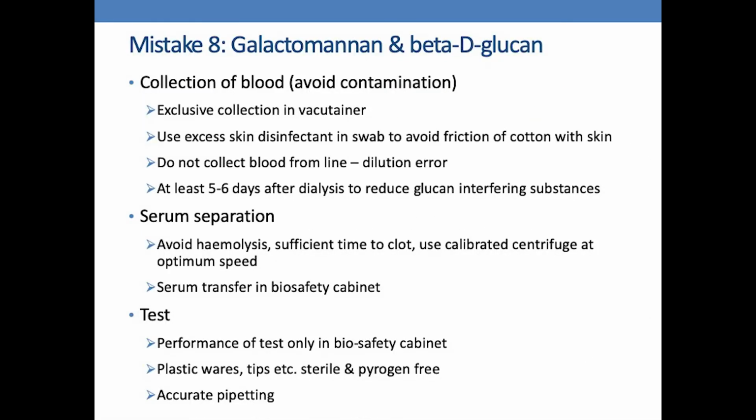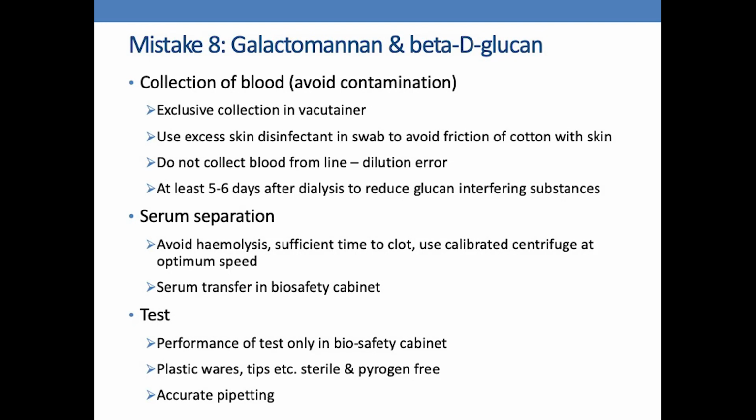Coming to the mistakes in galactomannan and beta-D-glucan. Here I would say collection of the sample is very, very important. Exclusive collection in vacuum tubes is very important. Use excess skin disinfectant in the swab to avoid friction of cotton with skin. If you use a lesser amount of disinfectant and rub the skin in that area, in beta-glucan you can get false positivity.